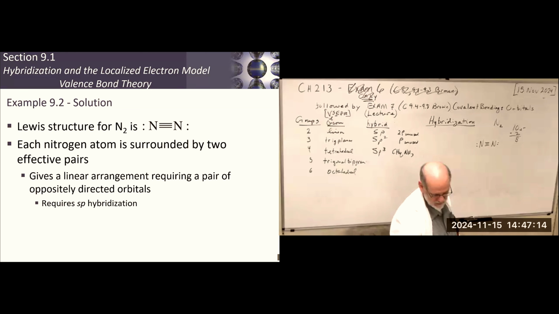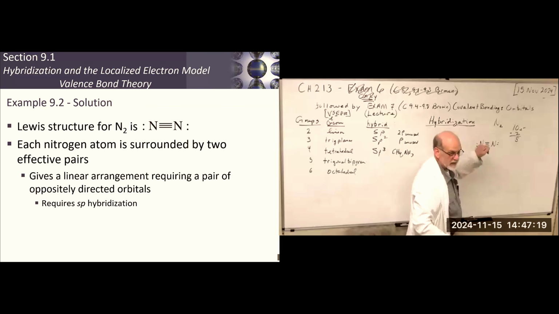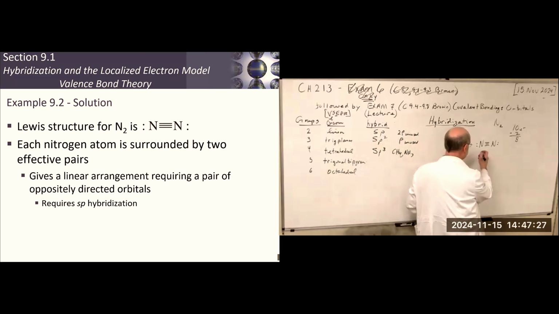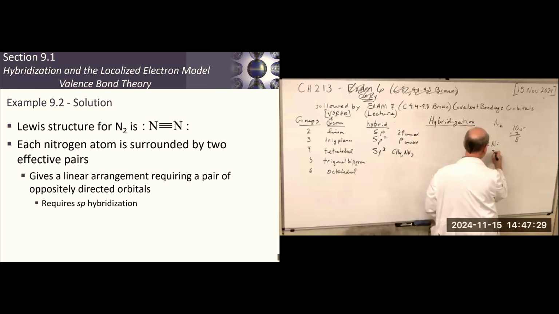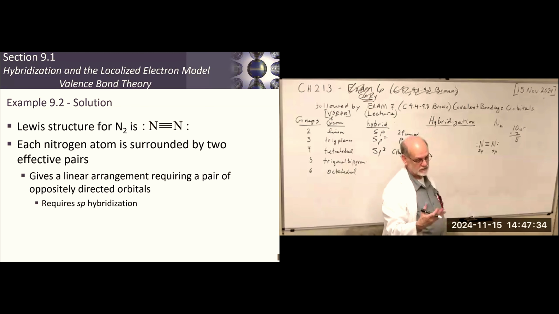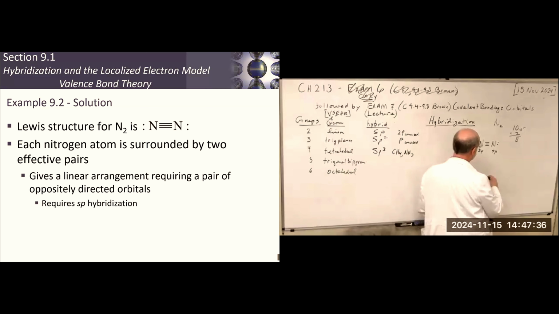There we go. Each one is surrounded by two groups. So we would have a linear electronic geometry with an SP hybridization. So this one is SP hybridized, this one's SP hybridized, which means they each have two unused p orbitals. Right, so we go like this.